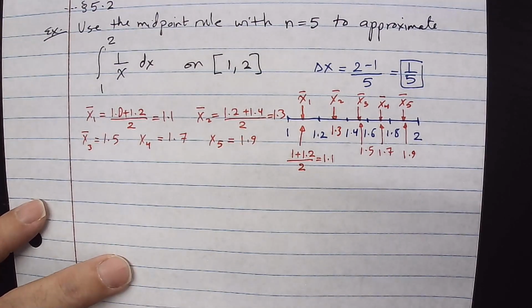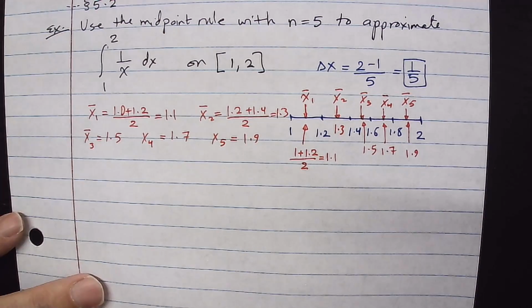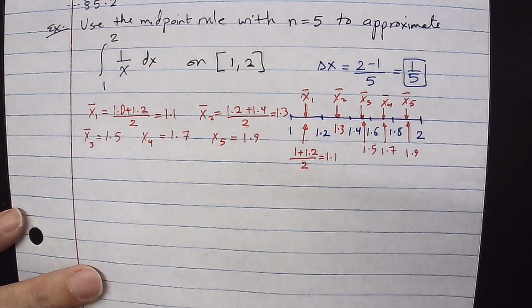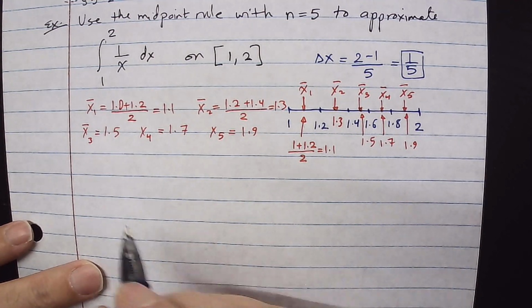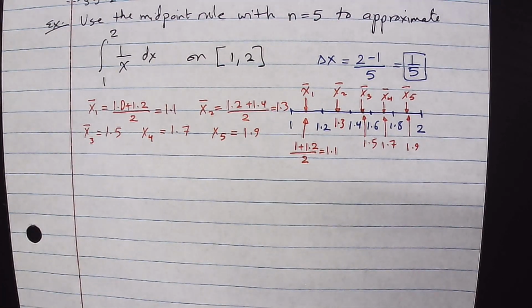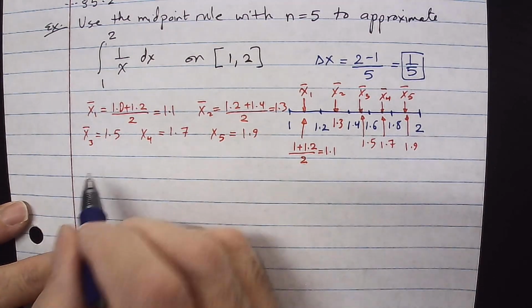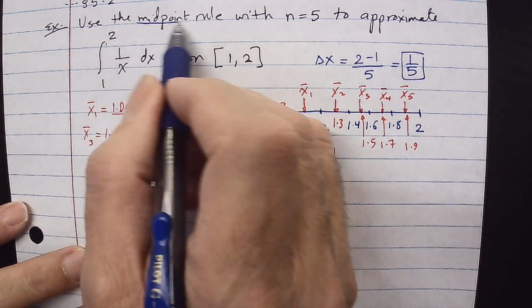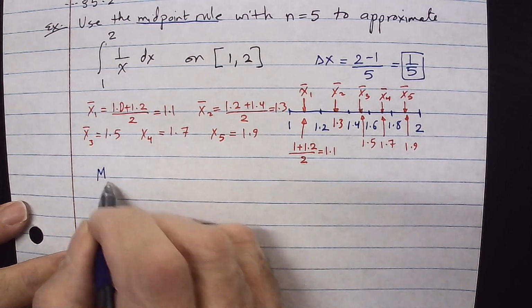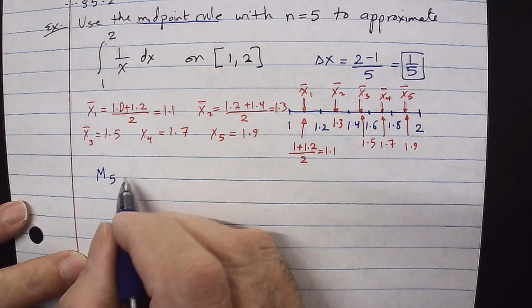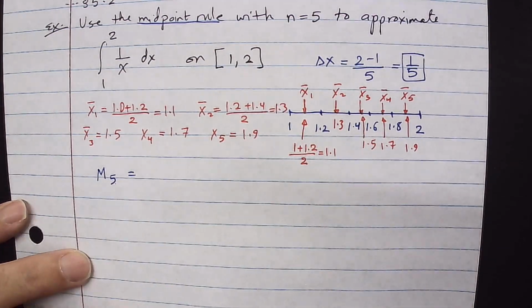Having these points, now I can express the sum of the midpoint calculations in the midpoint rule. We call it M5 now, 5 because we have n equals 5.